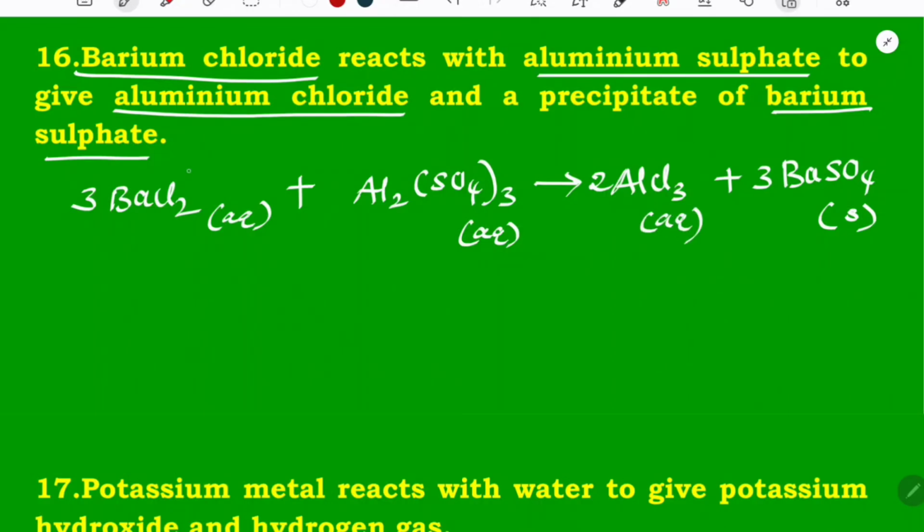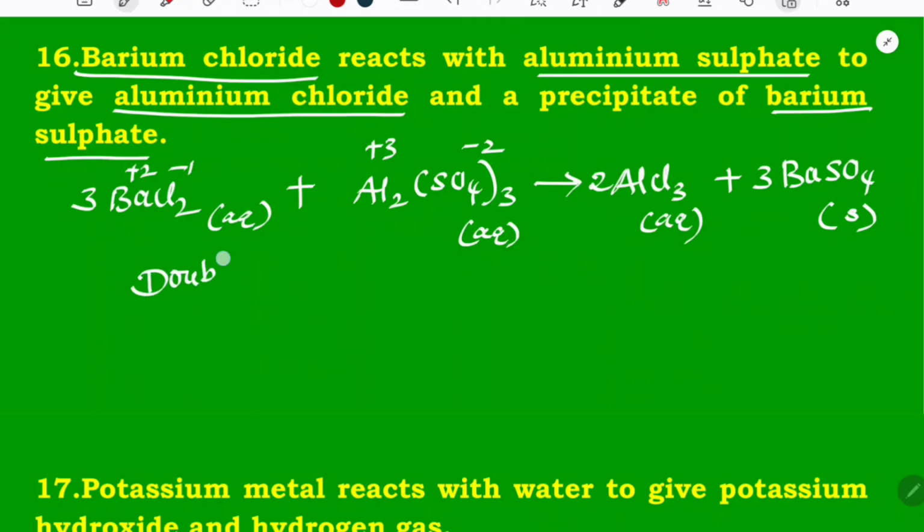Here what takes place? Plus 2, minus 1, minus 2, plus 3. Mutual exchange of ions takes place. Someone having doubt? Barium can displace the aluminum. So this is a double displacement reaction.